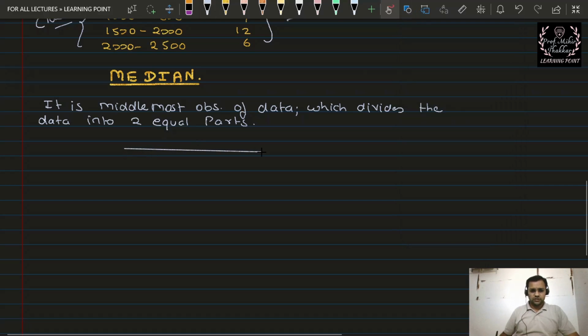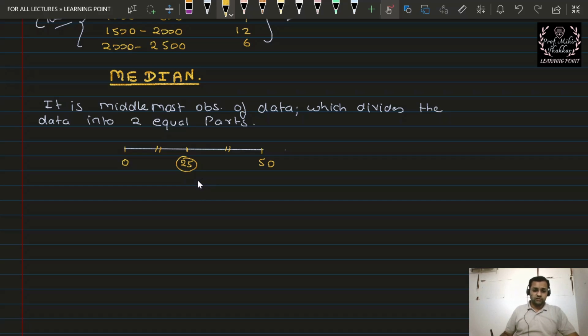Now, suppose you have a scale, let us say from 0 to 50, then the middlemost value, which is the central value, 25, as you all know, divides the data into two equal parts.